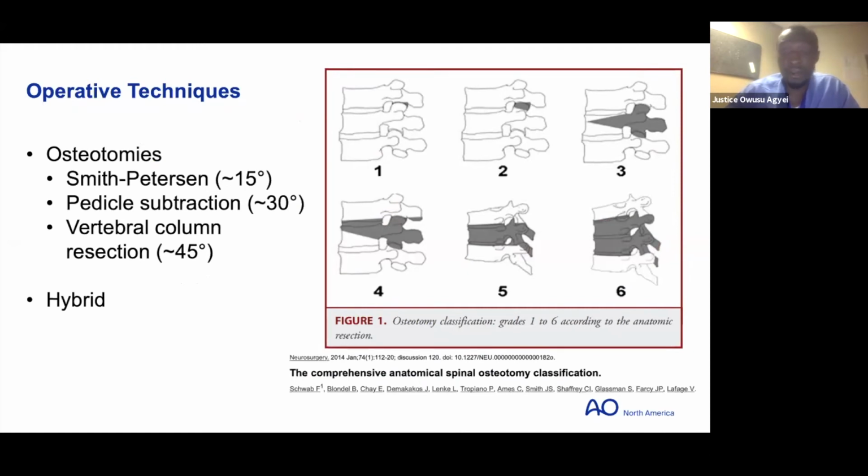which is on the right. I have the Schwab classification system, but just to break it down to the most important facts or the basic tenets of these: the Smith-Petersen osteotomy, pedicle subtraction osteotomy, and vertebral column resection. And I have to the side of them the amount of lordosis one can hope to achieve after performing these procedures.